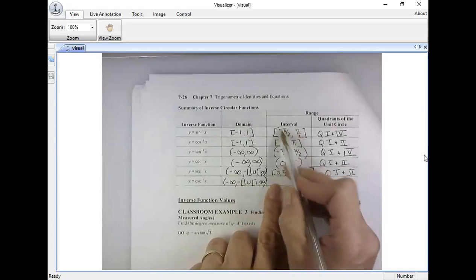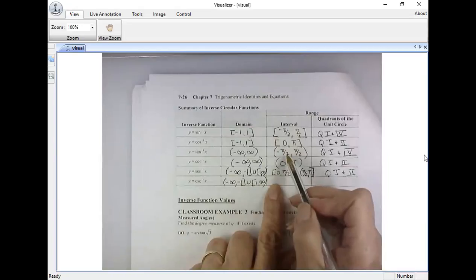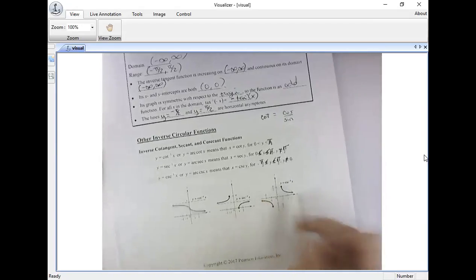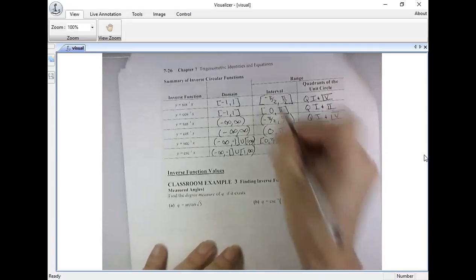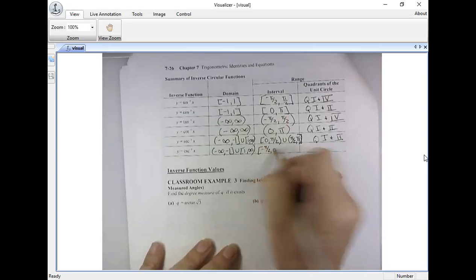Well, it goes from -pi/2 to +pi/2, but where's that horizontal asymptote going to be? Look at your graph. Where's your horizontal asymptote? Yeah, when you have a y value of 0. So we're going to go from -pi/2 to 0.